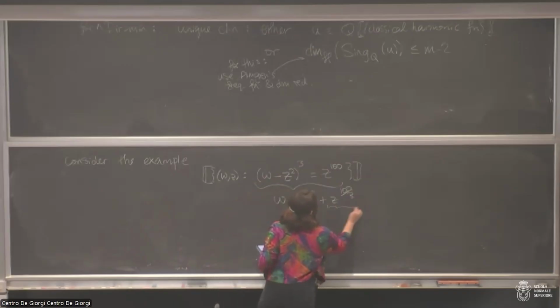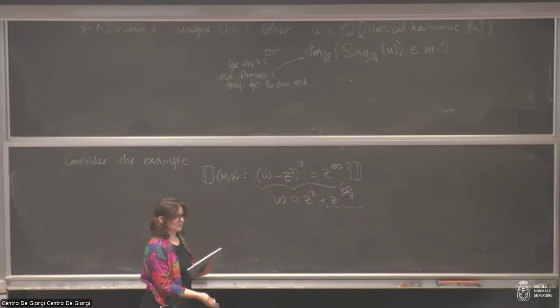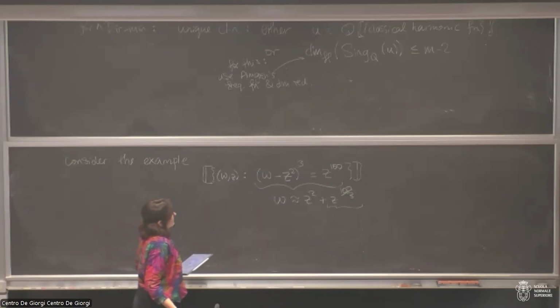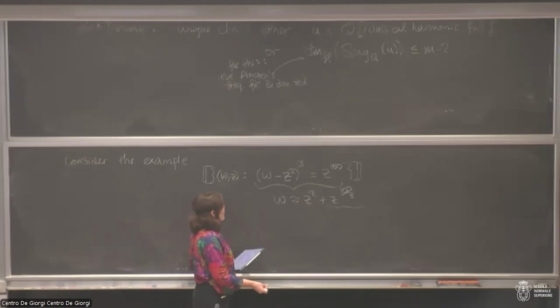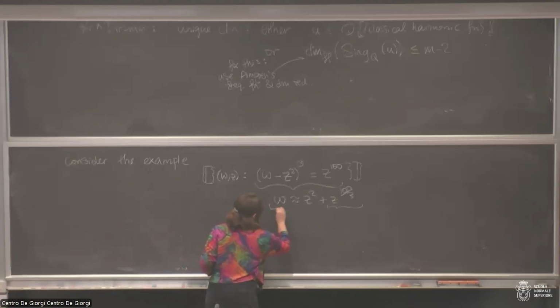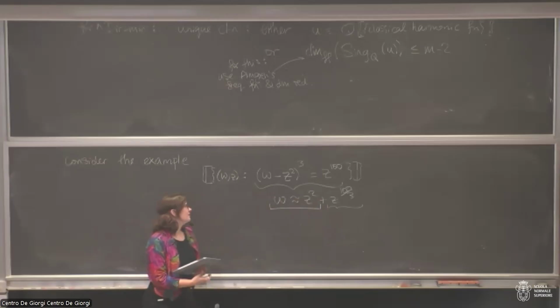So this is the branched guy, right? It has this 3-sheeted structure. And in this case, all of these sheets are collapsing onto the graph of this guy.